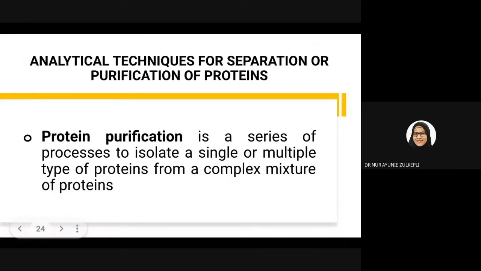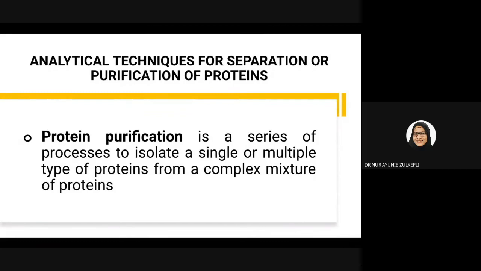There are actually several hundreds of proteins in existence, and there is a mixture of proteins, and we can separate and purify them into smaller groups according to size or charge.